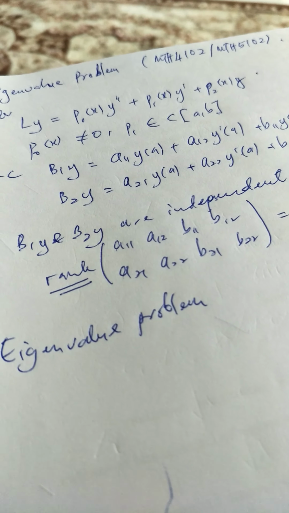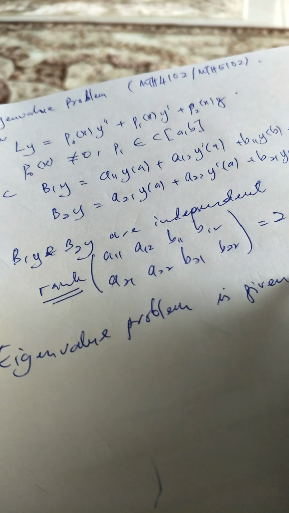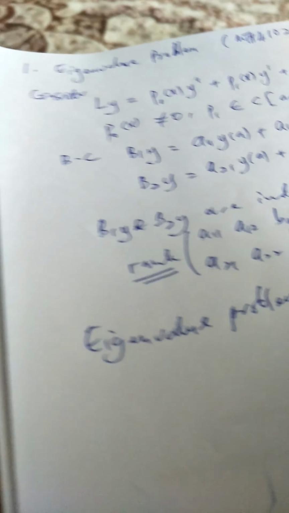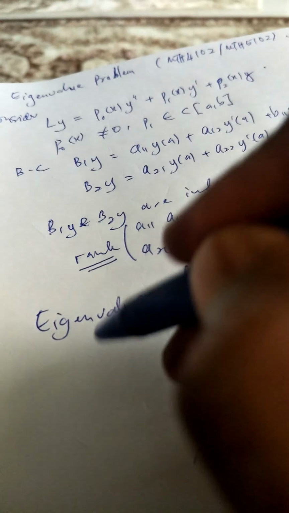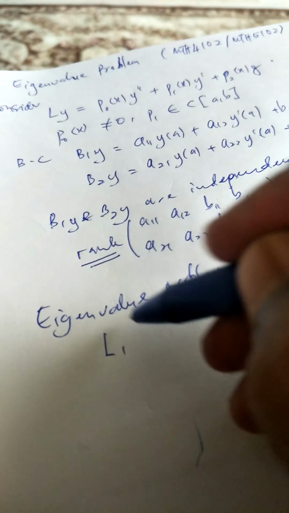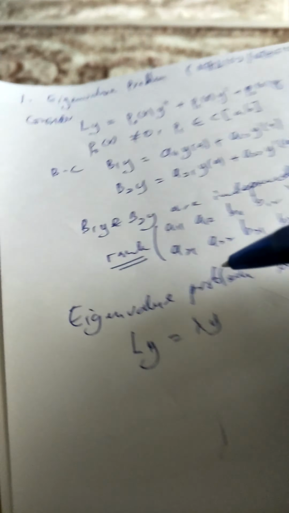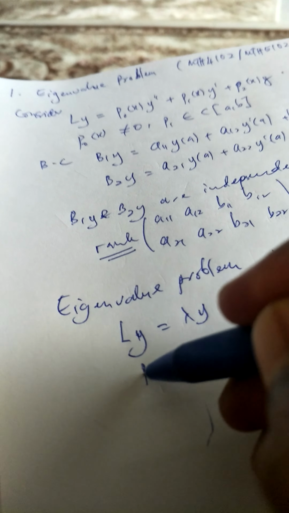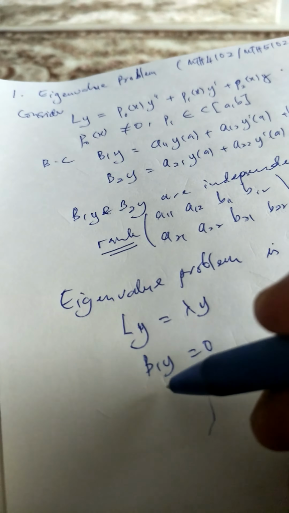Okay, so the eigenvalue boundary value problem is given by Ly equal to lambda y, B1 y is 0, B2 y is 0.